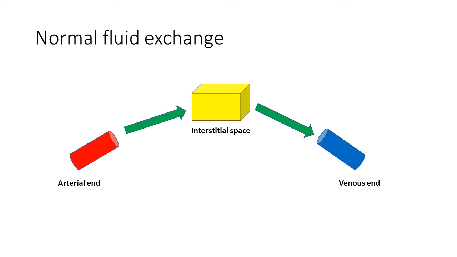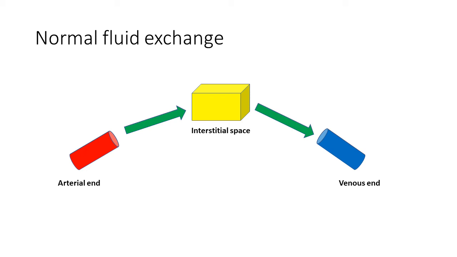And we already saw there is both hydrostatic and osmotic pressure in the arterial and venular end and also in the interstitial space. The hydrostatic pressure pushes the fluid outwards, and osmotic pressure pulls the fluid inwards.